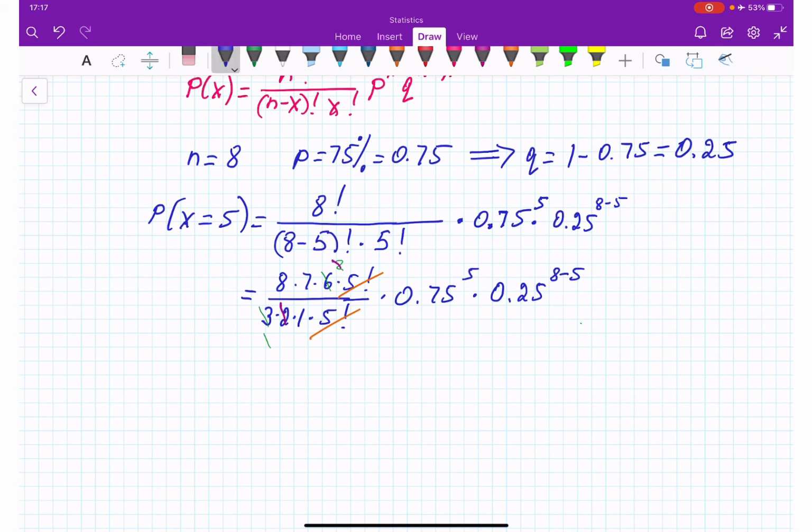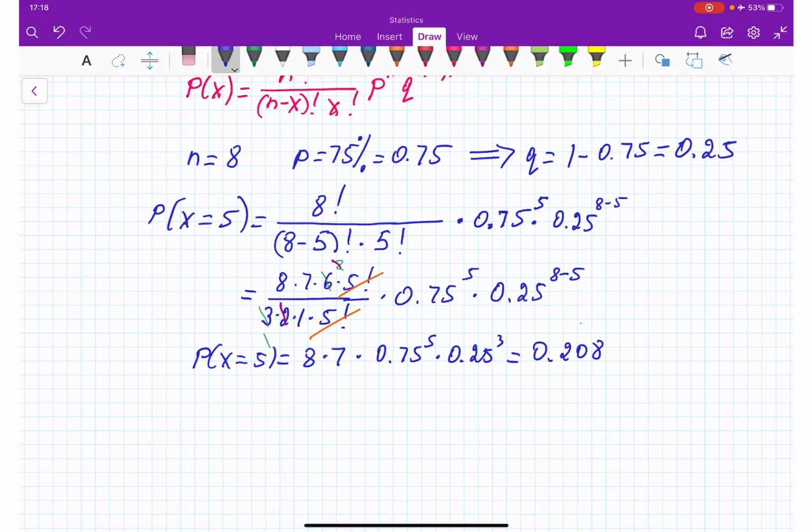I have 8 times 7, and that's it, times 0.75 to power 5 times 0.25 to power 3. So if you do all this math, you are going to get 0.208. That is probability for x is equal 5.